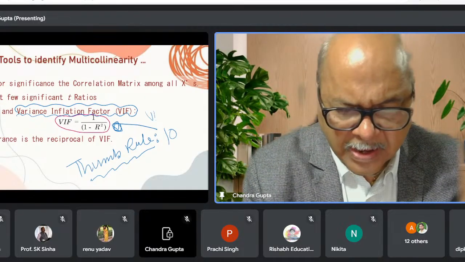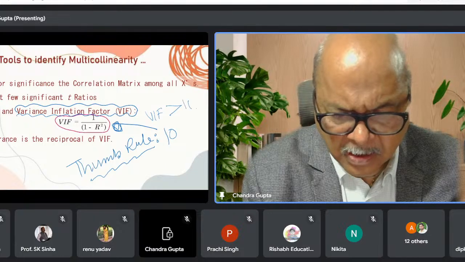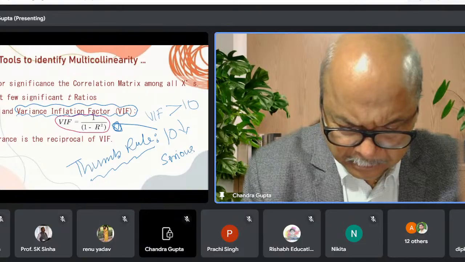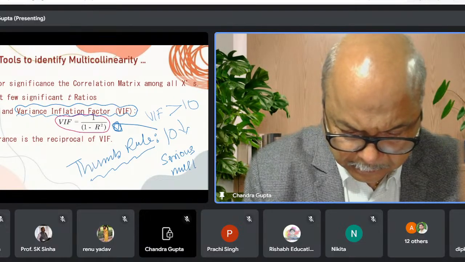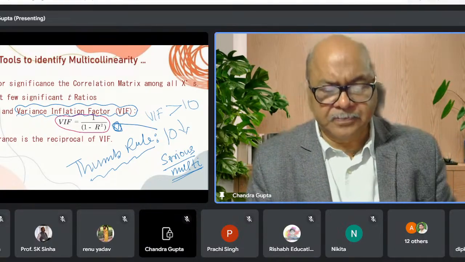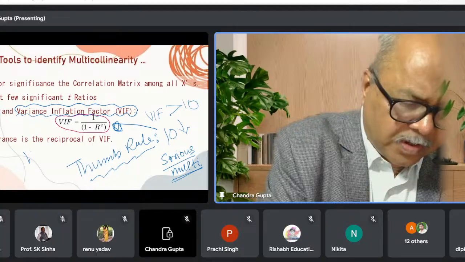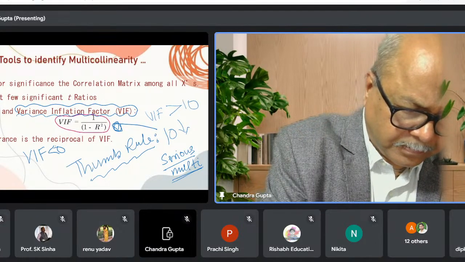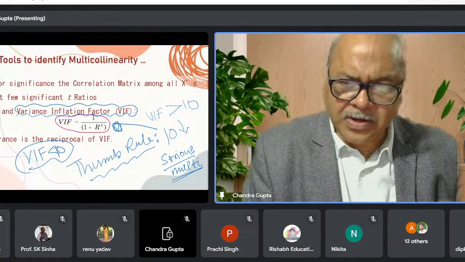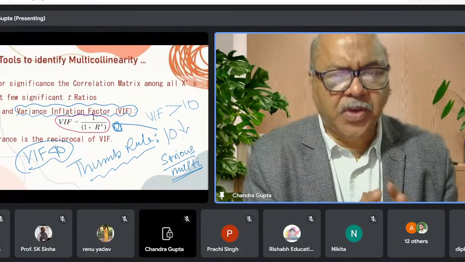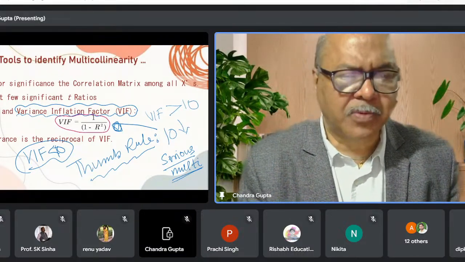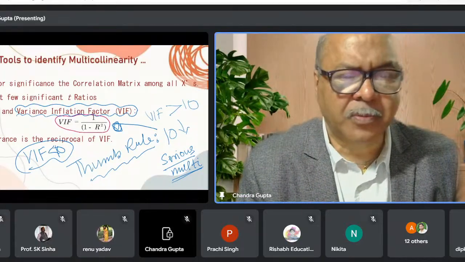If VIF is greater than 10, we have serious multicollinearity. If it is less than 10, we can ignore the problem. Again, that's very simple. You just check whether VIF is more than 10 or less than 10. More than 10, the multicollinearity problem exists. Less than 10, it does not exist.